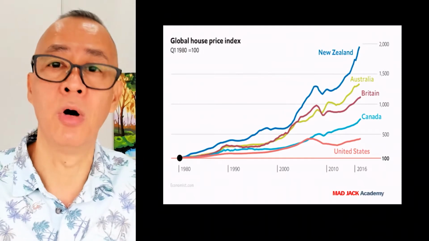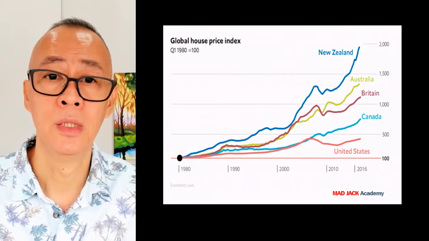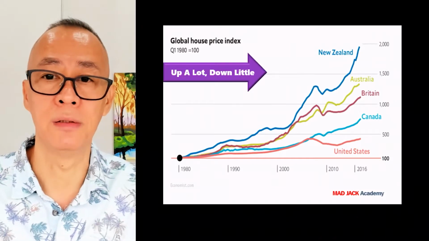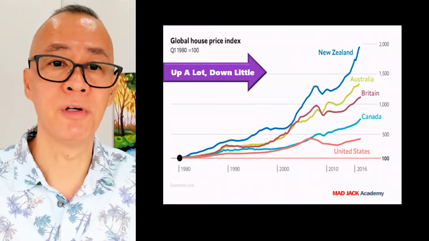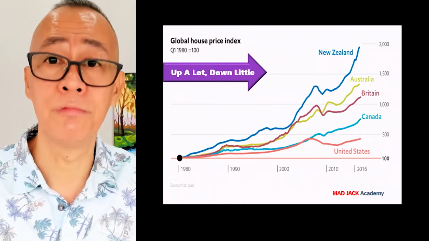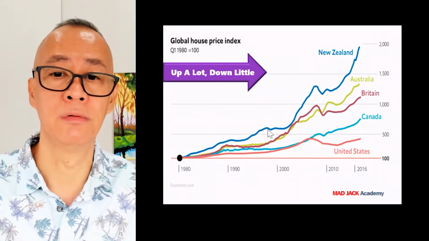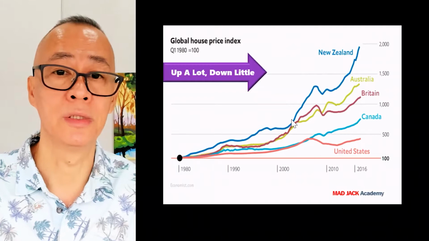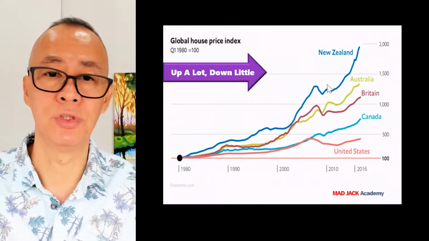It's more like compound growth over a period of time. So what I'm trying to share with you is that the benefit of property investment is that it goes up a lot, down very little. If there's a correction, for example over here, the correction is quite little. When it goes up, it goes up quite a lot. So that's what you need to remember.